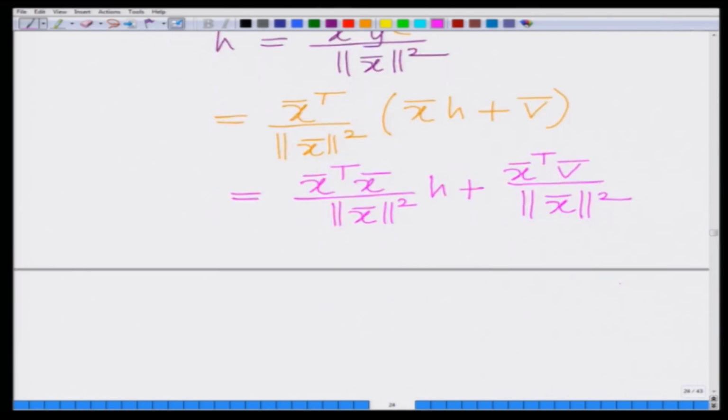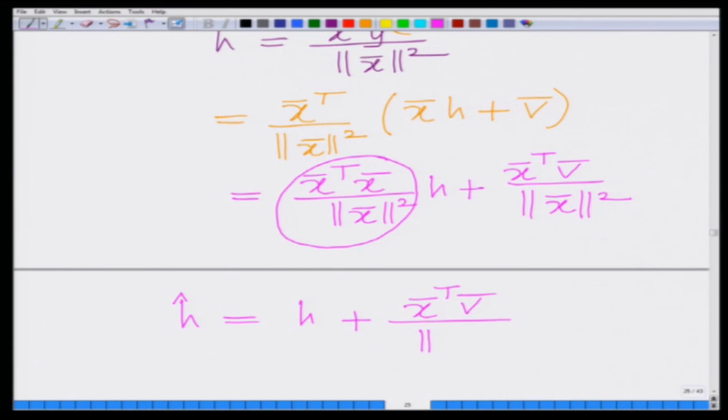Now, this term x bar transpose x bar is norm x bar square divided by norm x bar square. So, this is 1. Therefore, net I have h hat equals h plus x bar transpose v bar divided by norm x bar square.